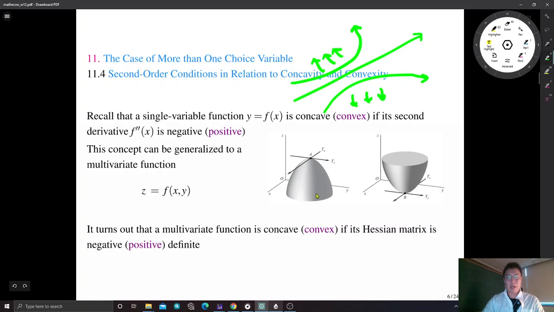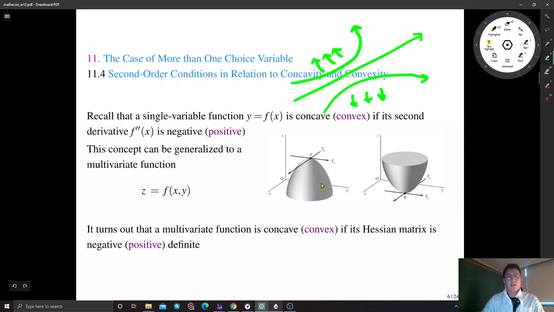So that is one example of a concave function in the case of two variables. This is one example of a convex function. Now we have a U shape, the graph bent upward. So we have a valley in the case of a convex function, and we have this kind of hill in the case of a concave function.